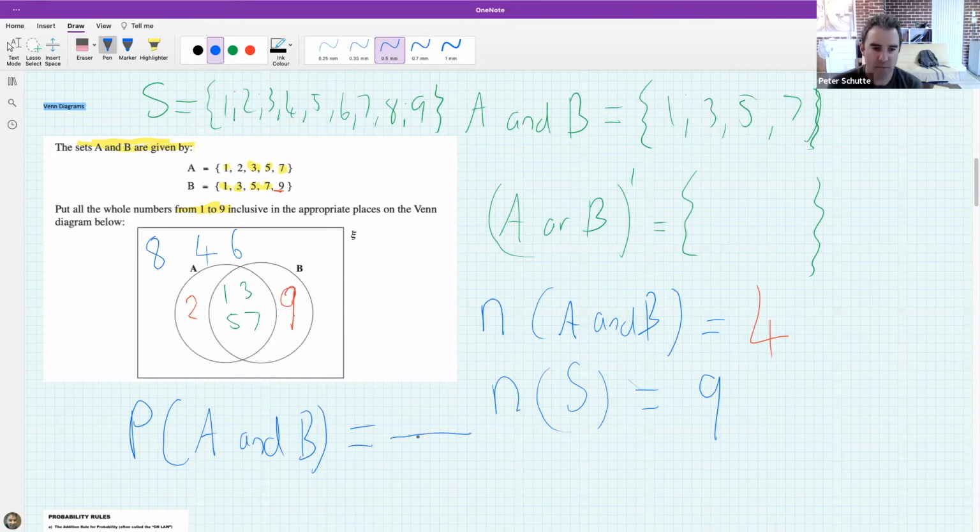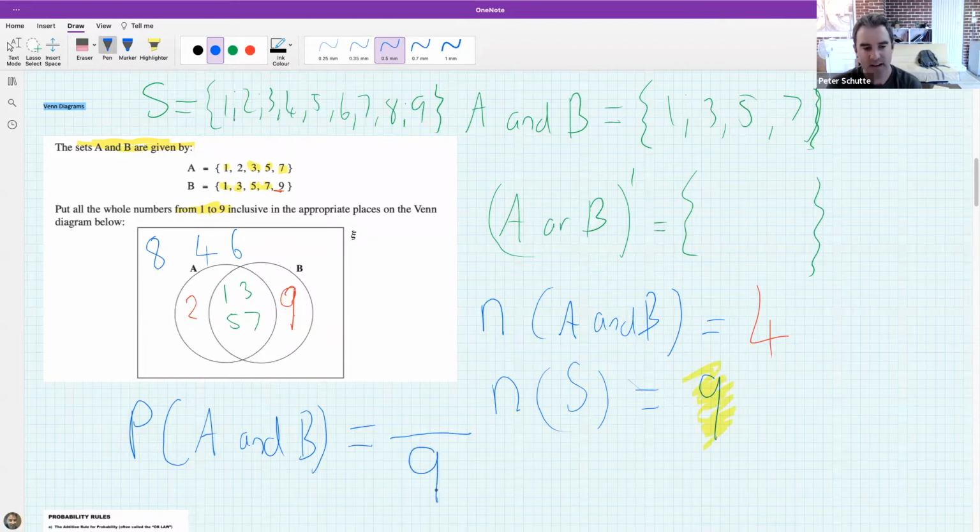So when I'm working out the probability of A and B, the n of S, yes, yeah. The sample space. So S, if you look at the very top here, in this question, the sample space are the numbers 1 to 9, which means the n of S, the size of the set, is 9 items big. Now, when you work out the probability of A and B occurring, you could use that same formula from the very beginning, where you say, how many possible outcomes are there?